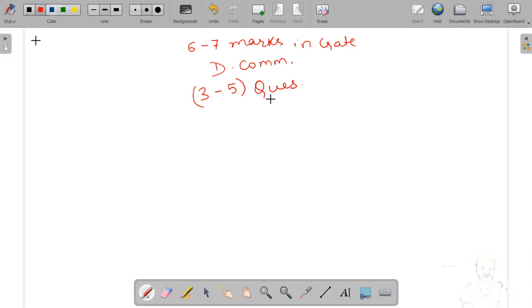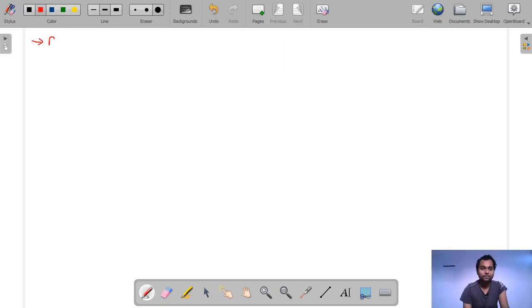The first thing we will study today is the bit duration. Bit duration is the duration of a bit, so it is denoted by TB. Okay, and let's suppose there is one sample.